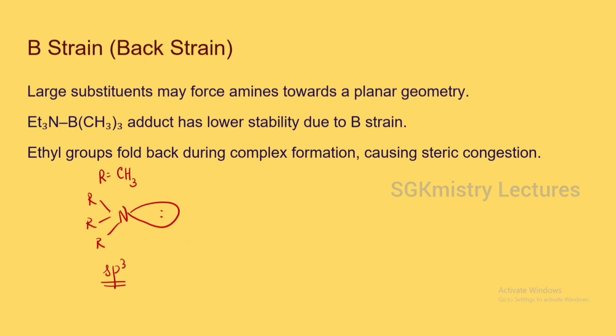Now, suppose these R groups are taken as large substituents, then what is going to happen? As I already told, here there will be forcing of these R groups in such a way that overall the geometry of the molecule changes. So from sp3, it is changing to sp2 hybridization. Okay. So here, whatever lone pair is present, it will be present in the pure p orbital.